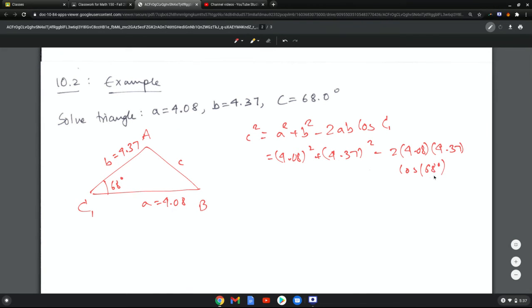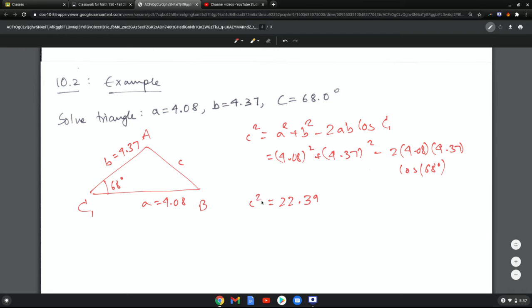Making sure your calculator is in degrees, you can plug this entire expression all at once into the calculator. Let me do that too. 4.08 squared plus 4.37 squared minus 2, 4.08, 4.37 cosine 68 degrees.